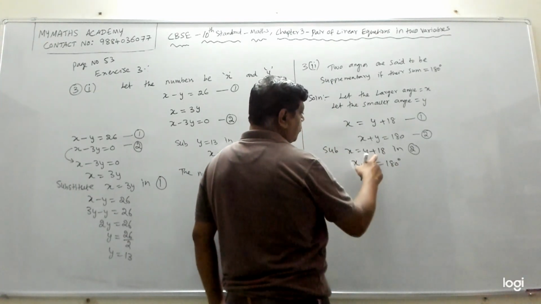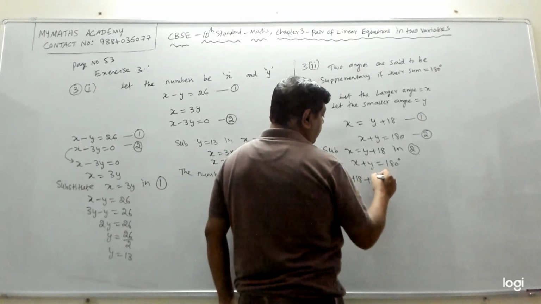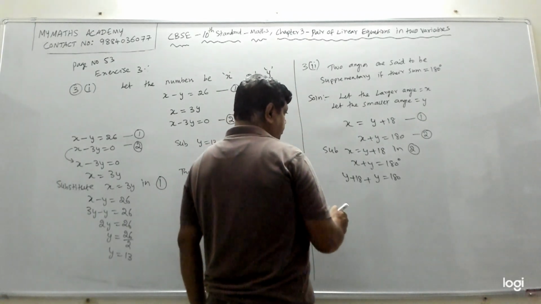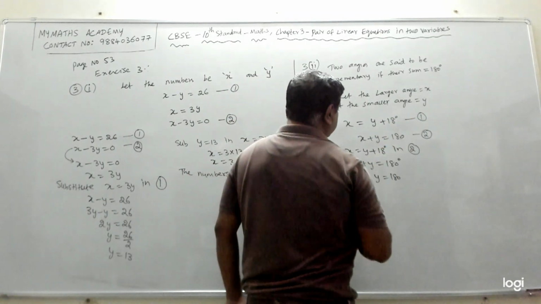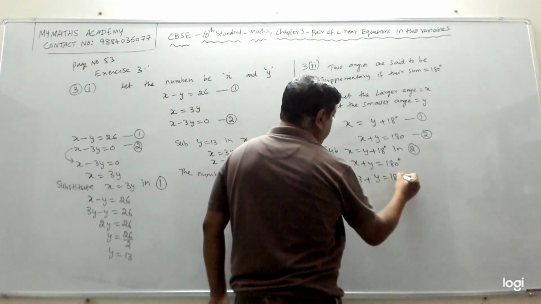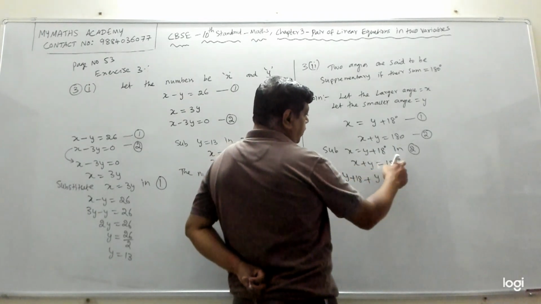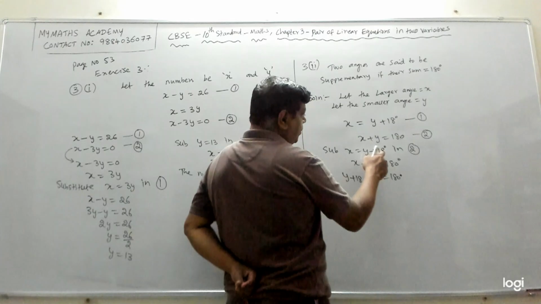In the place of x, I'm going to put y plus 18. So y plus 18 plus this y is equal to 180 degrees, right? Because x is y plus 18.